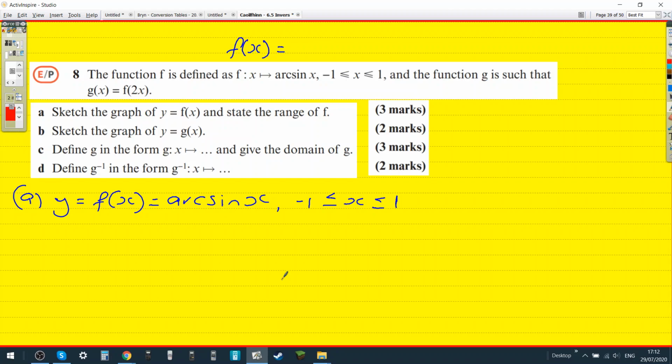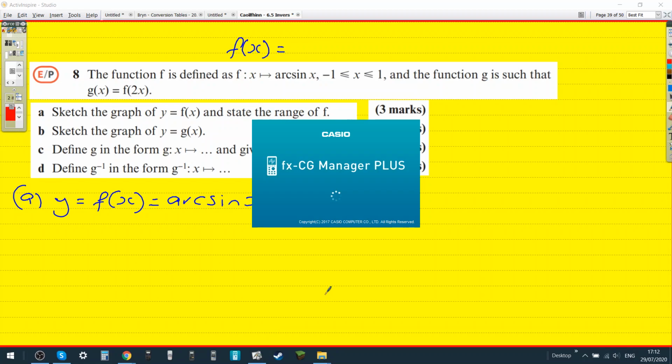So how do you sketch the graph of y equals arc sine x? You swap y and x. I want to try cheating and just putting it in my calculator. You can do it that way as well.